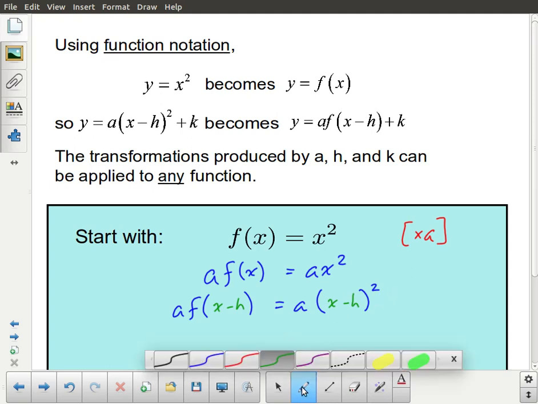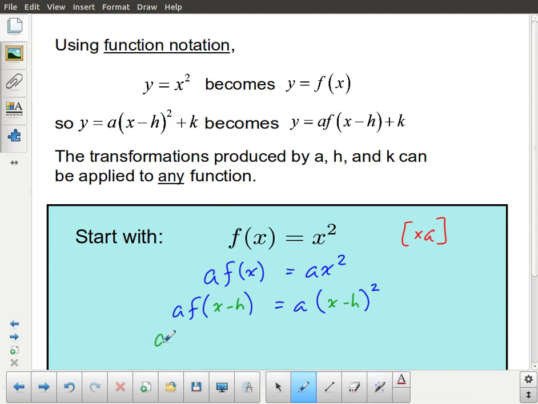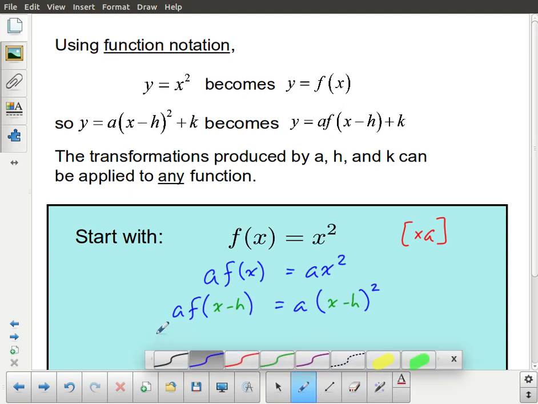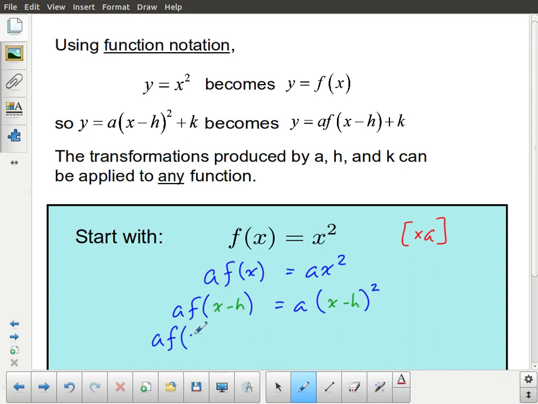And then finally, I have to add k, but notice that adding the k occurs outside of this term, which is all this multiplication and exponents. So I get a f of x minus h is equal to a bracket x minus h all squared.